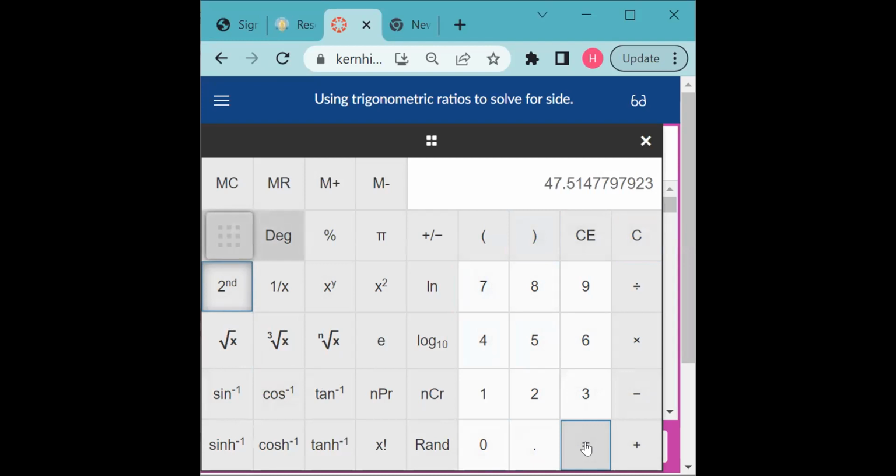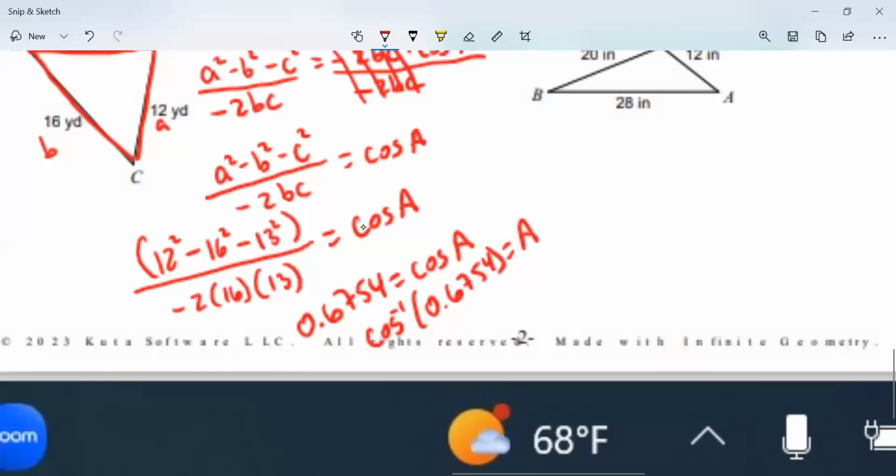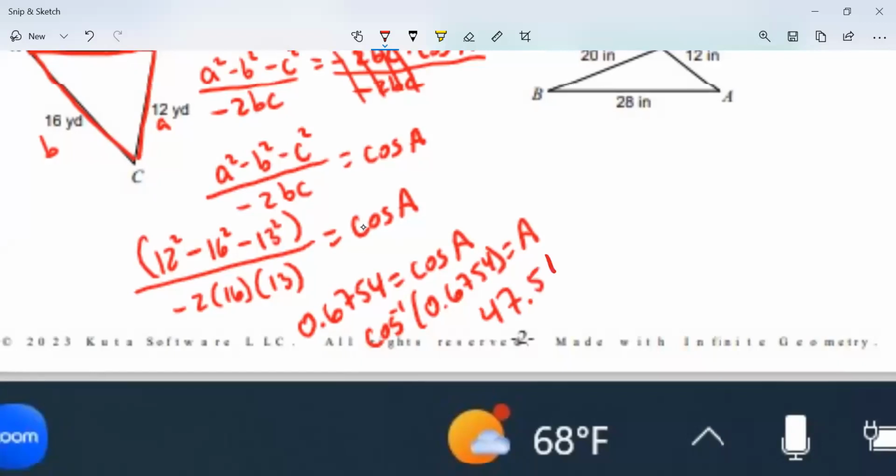It says 47.51. The one is too small, right? The second decimal place is too small. I'm just going to ignore this. So 47.5.